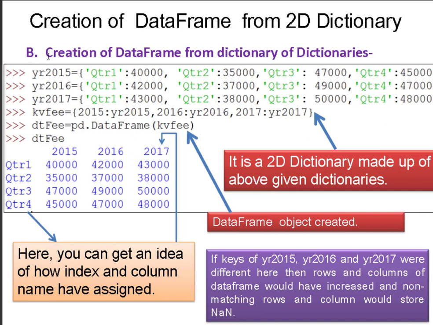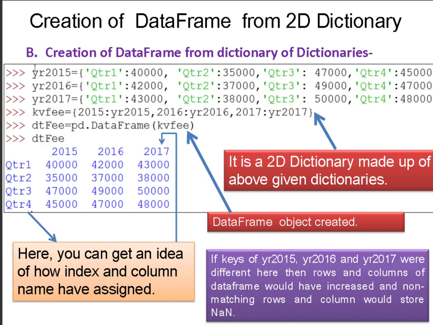So, creation of a data frame from a dictionary of dictionaries. With this example, we can understand that if we have more than one dictionary, how you can create a data frame. With the help of more than one dictionary, you can create a data frame.